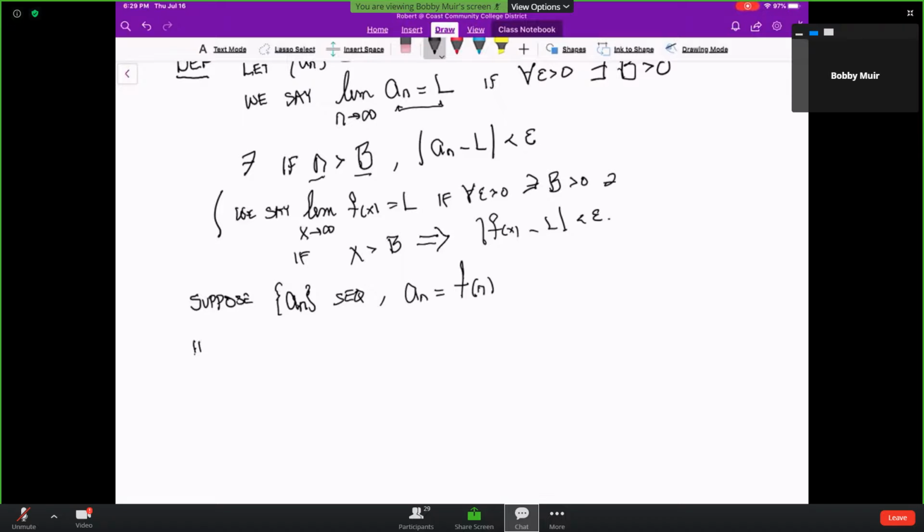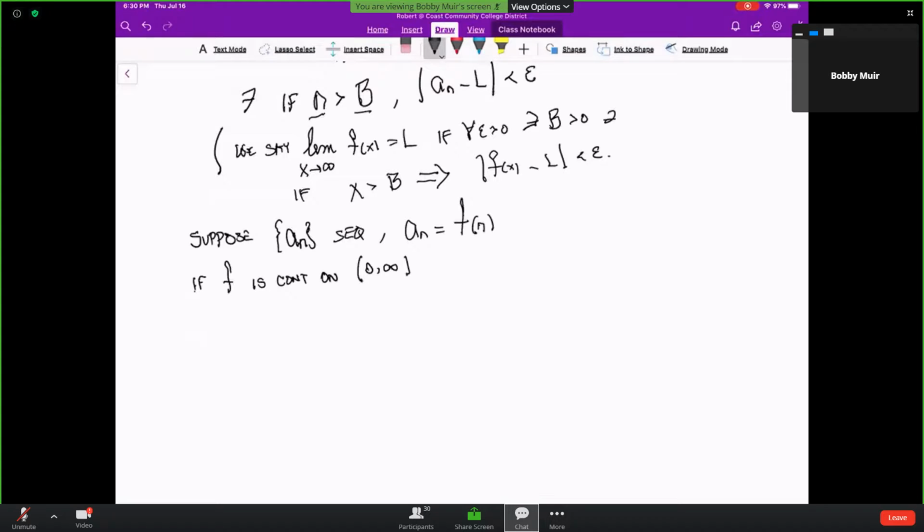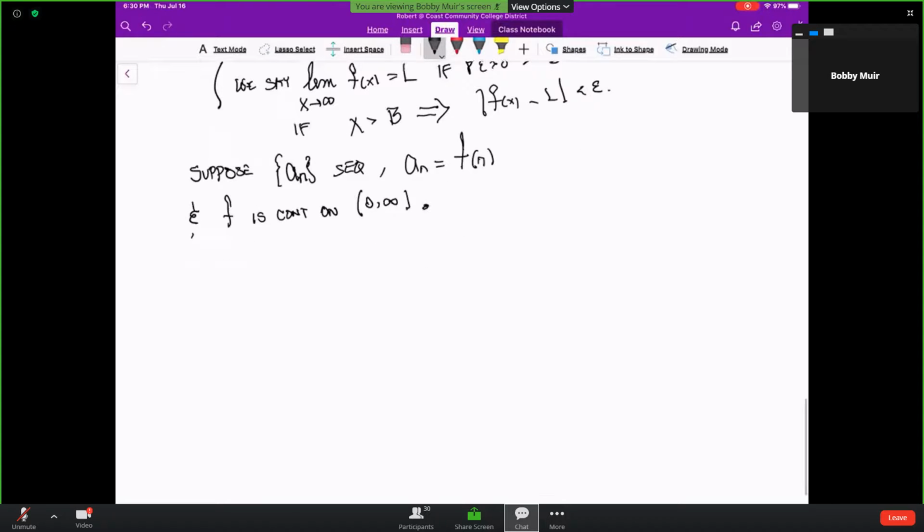Now, let's say this function f is continuous on the positive interval.